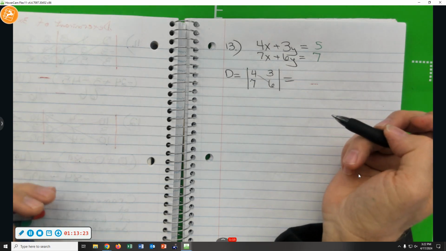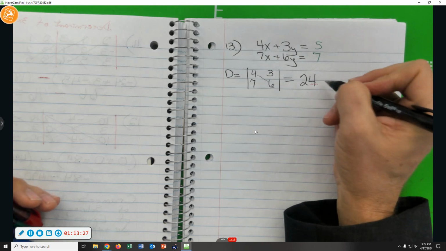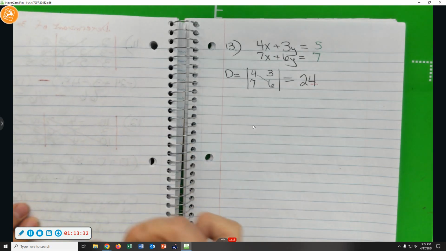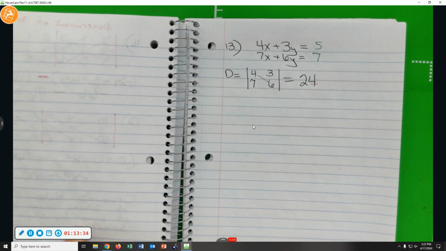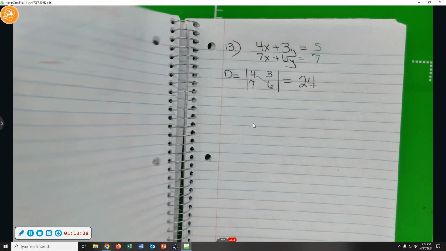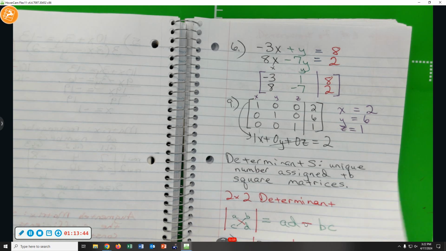Cross multiply. 4 times 6 is 24. What is the formula? What sign do we use next? For a 2 by 2, we multiply. What's the sign? Minus.